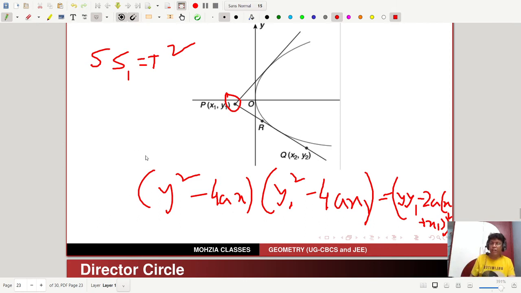So this is the equation of the pair of tangents. If you simplify, you will get a pair of straight lines. Your pair of straight lines will be either a second degree general equation or homogeneous. If it passes through 0, 0, then it will be homogeneous. So it will give you a pair of straight lines.